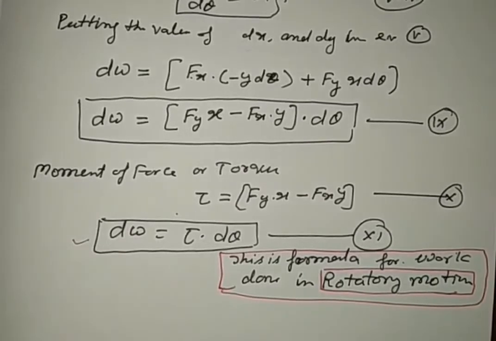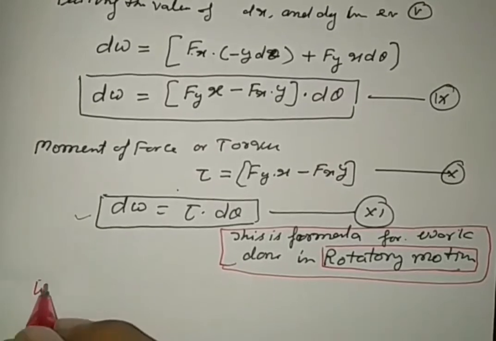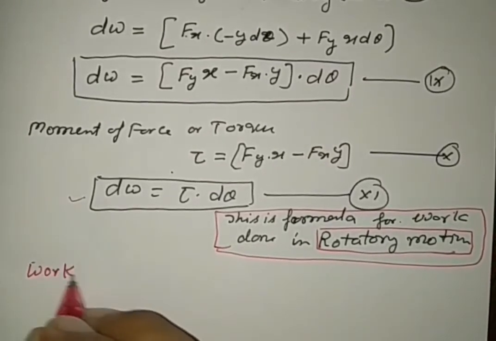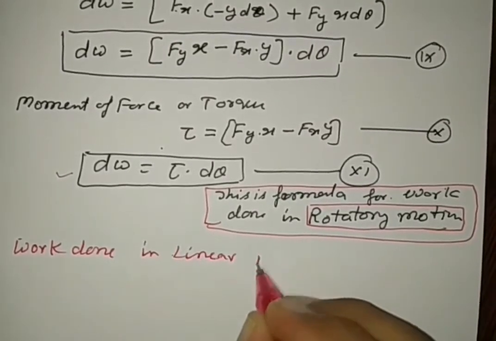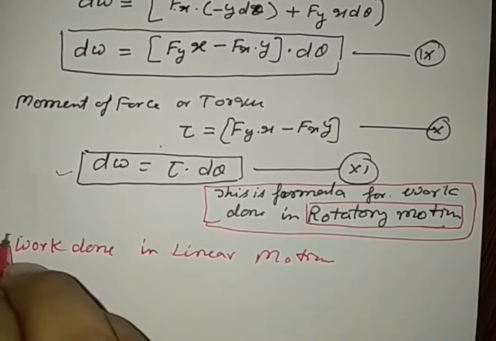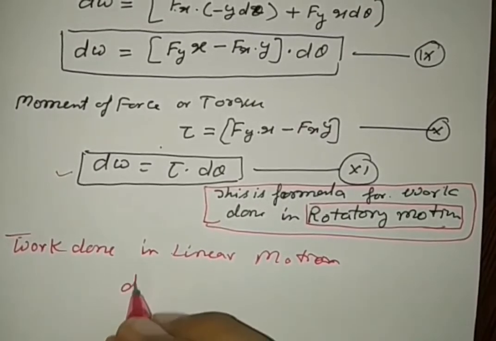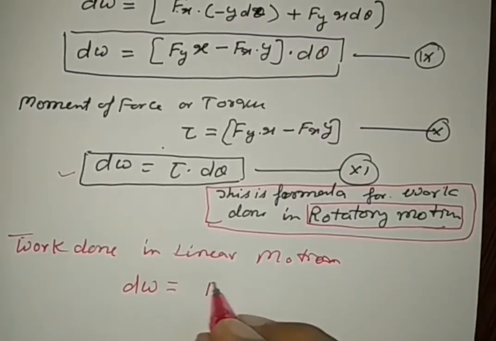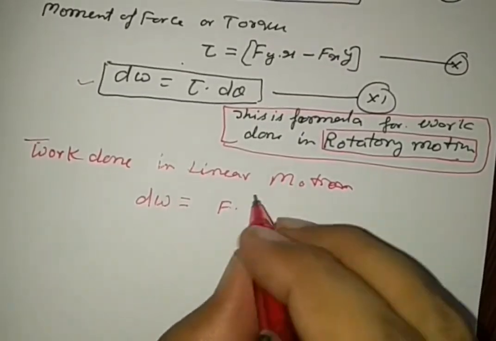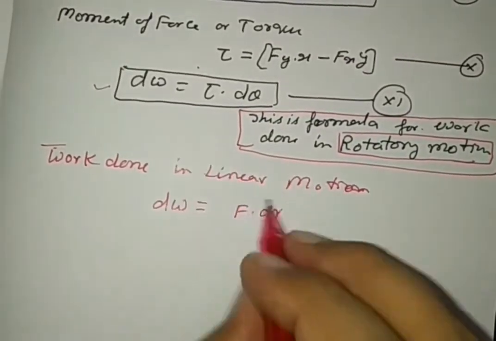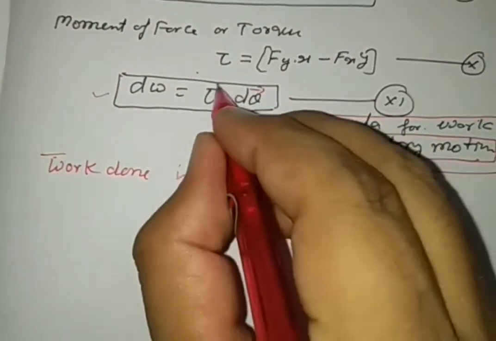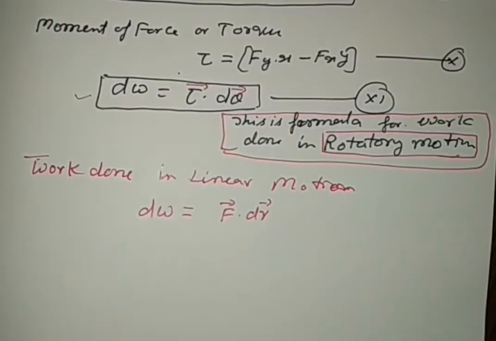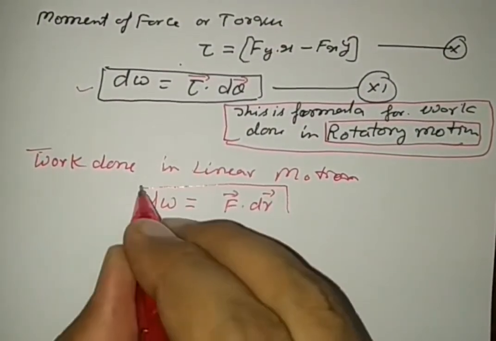Now one more formula I want to give from my side. The formula of work done in linear motion, we know, is dw is equal to F dot dr. These are both vector quantities.